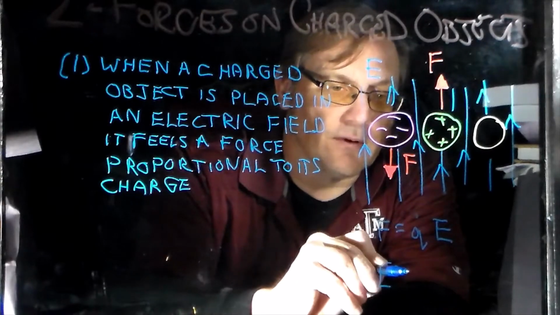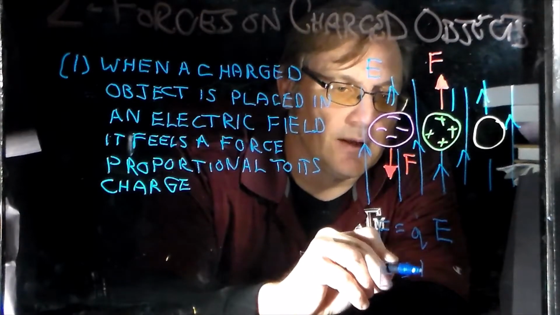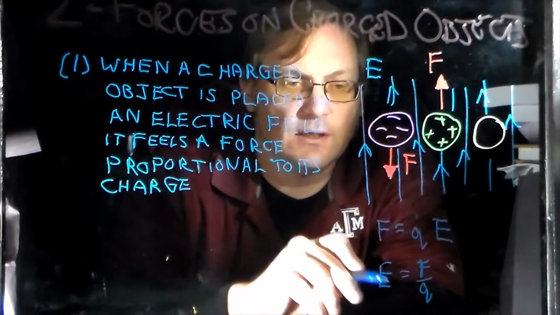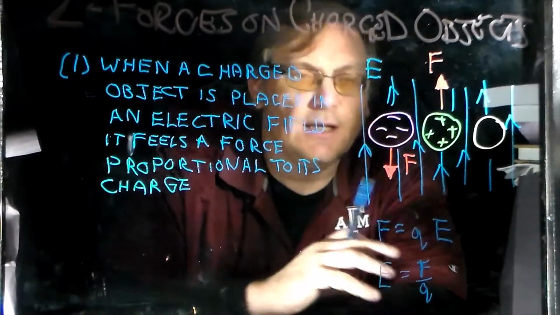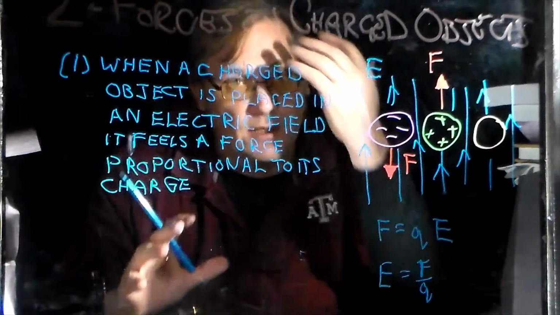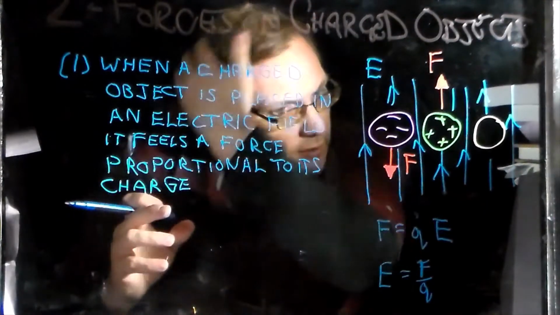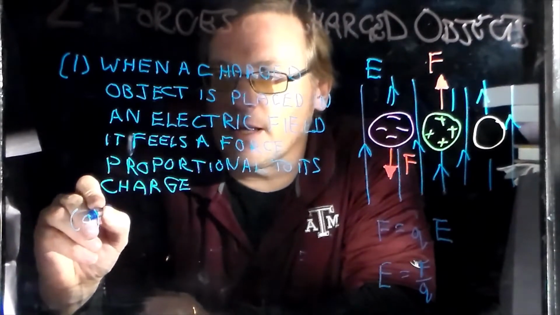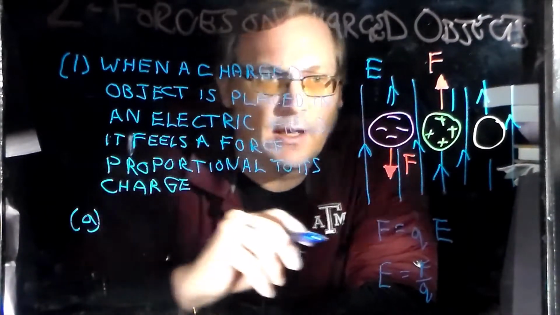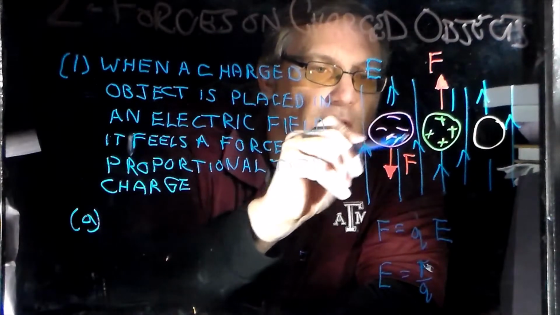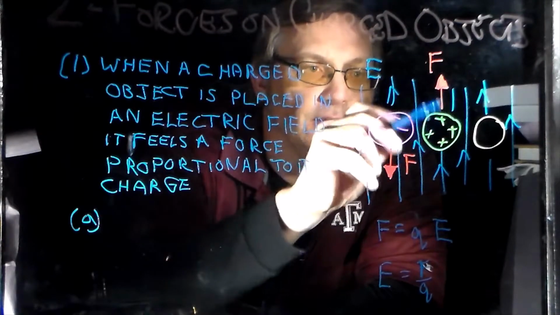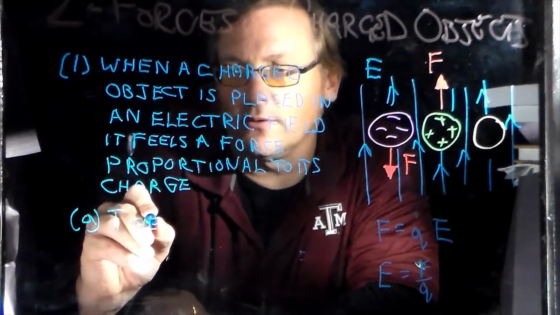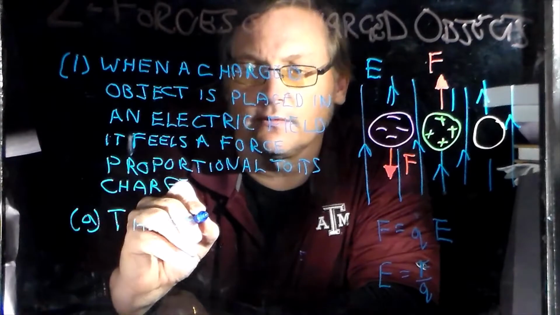If you need to find the electric field, then it's just, divide by Q. You feel the force and divide by Q. That's it. So the field is not itself a force, but it creates a force. Also, the direction of the force is going to be along these field lines, right? So the direction of the force is the direction of the field, and vice versa.